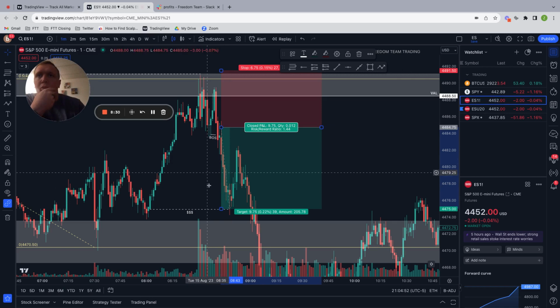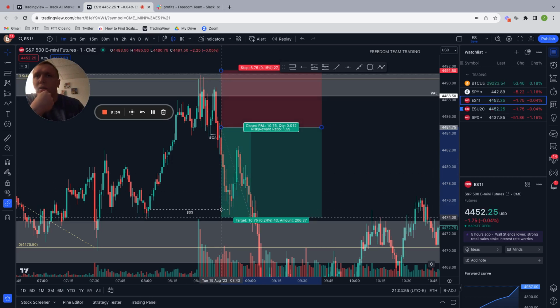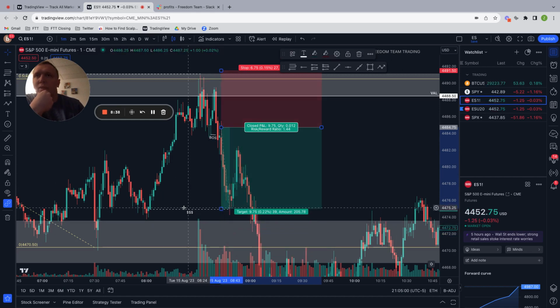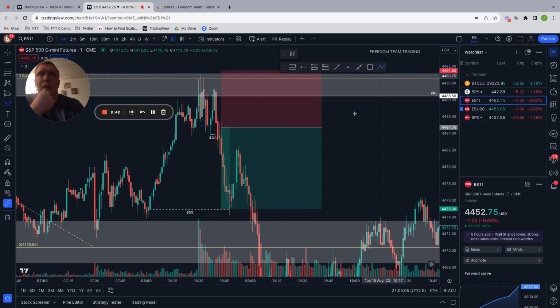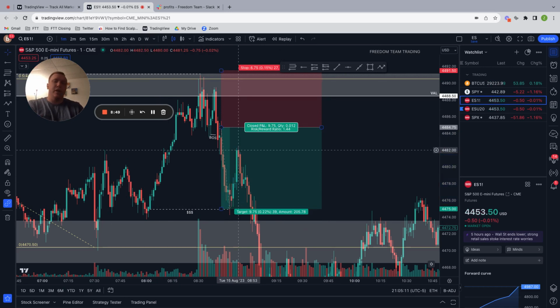The reason that I'm not mad that I didn't target here or here is because of what happened when we did react at this liquidity. As soon as we come down and grab this liquidity that I have drawn here, we shoot up. You know what happens with emotions if this trade isn't automated? You know what 95% of traders will do in this scenario?